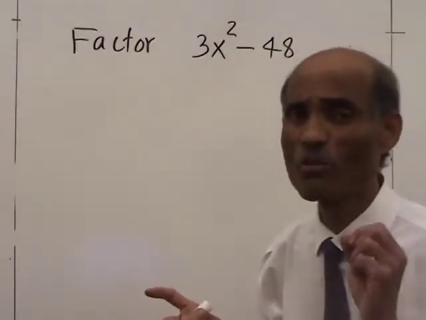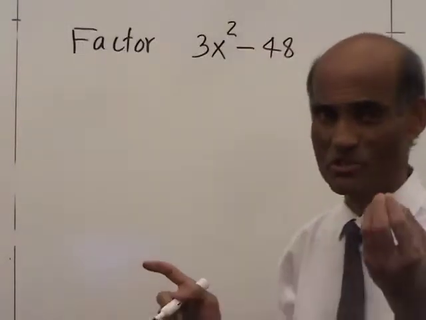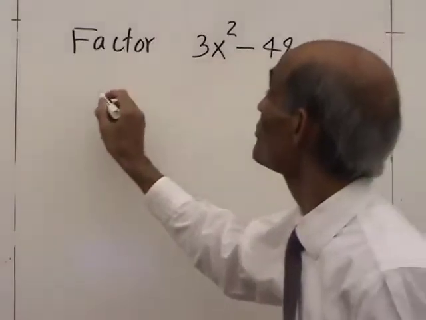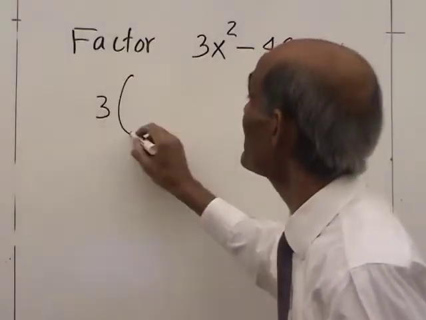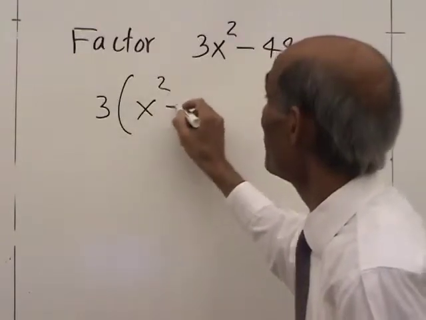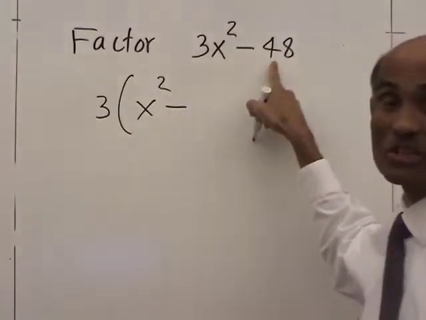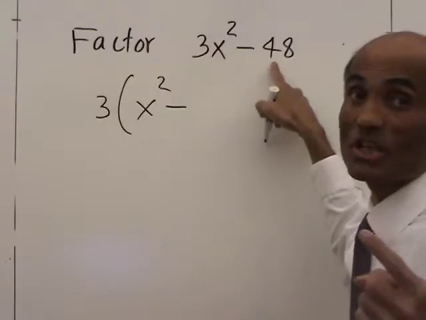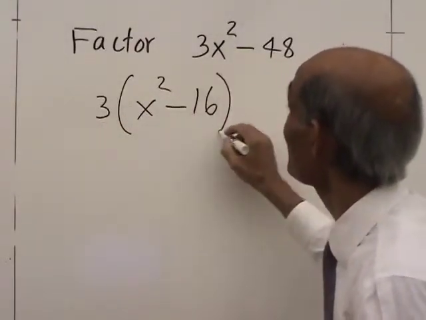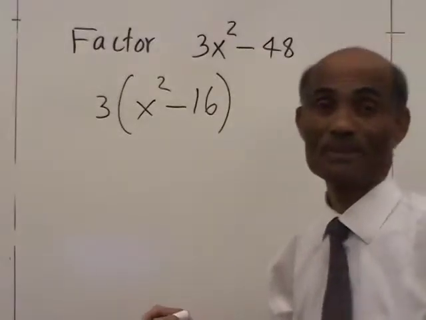Do you know that 48 is 3 times 16? Yes, it is. So factor out 3, that makes it 3 times, what is left here will be x squared minus 16, since 48 is 3 times 16. When 3 is factored out, you have minus 16 left there.